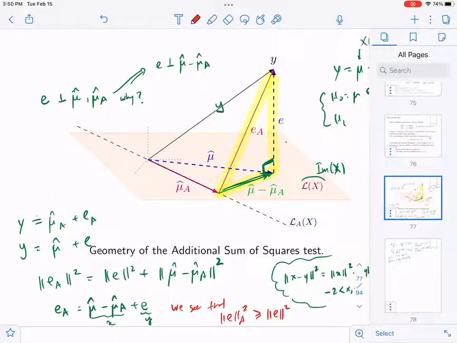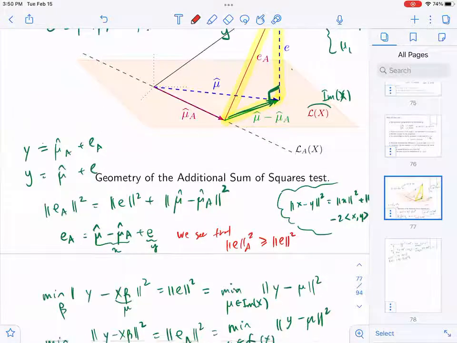One is restricted, one is not. So intuitively, the residual sum of squares for the restricted model has to be bigger because you have less freedom to fit. But can we argue it mathematically?